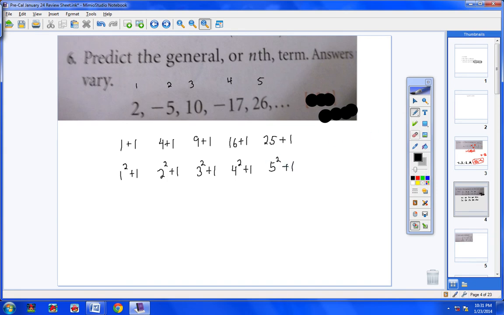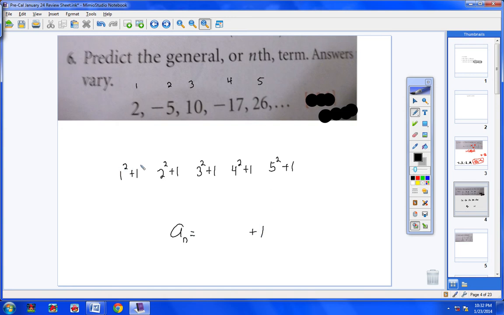And now, if you look here at what's happening, it's a really neat pattern. It's pretty easy to see once we've written it like this. Notice how all of these numbers have a plus 1, so we know that our nth term is going to have a plus 1 at the end.